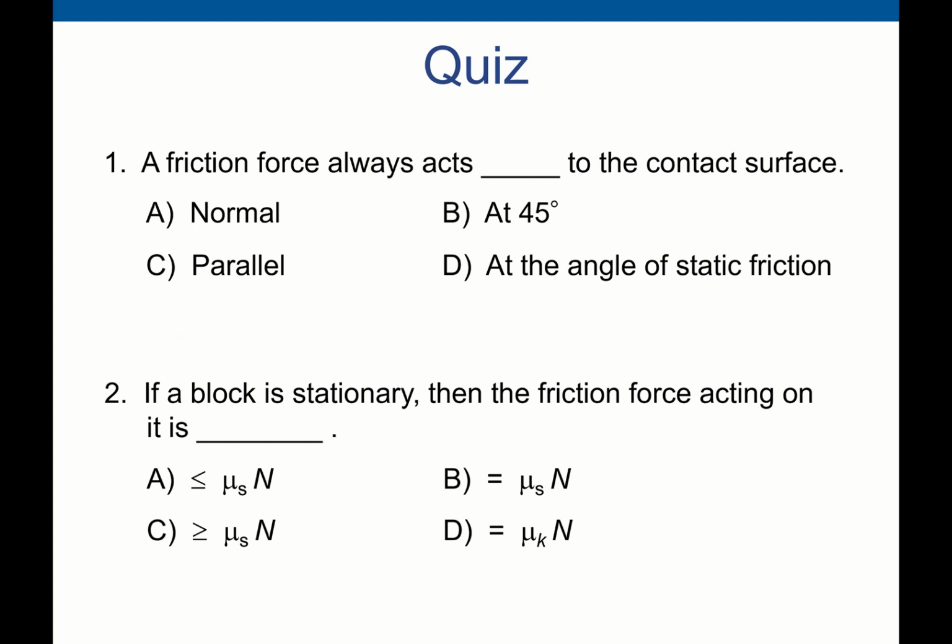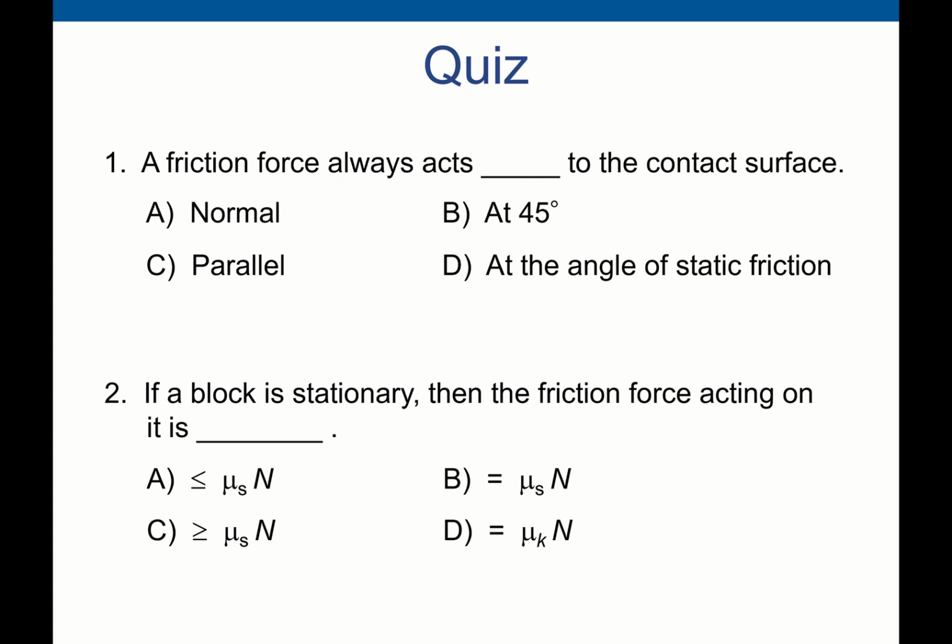All right, let's wrap up with quizzes. The first question is, friction force always acts blank to the contact surface. What's your answer?